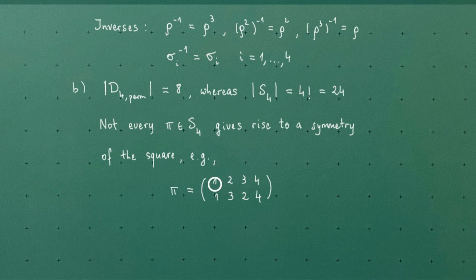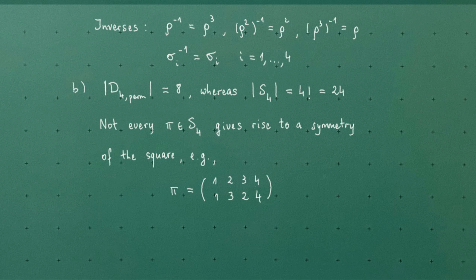Why? Because think of them again as bijective maps from this set into itself. For the first number you have 4 possible choices. For the second number only 3, because you have to be bijective. For the third number only 2. For the last number you have no more choices.